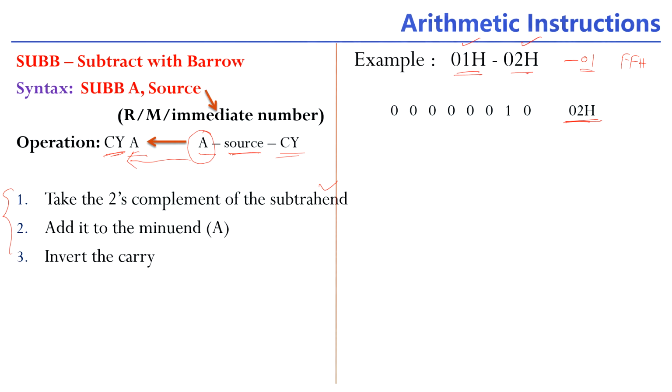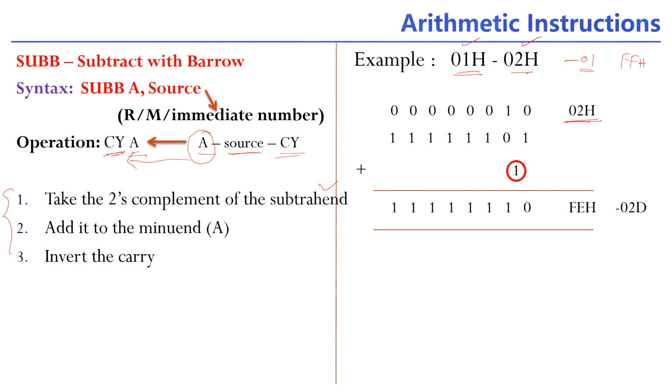To get the 2's complement, first it should be inverted. You can see every bit is inverted. Then we need to add logic 1. Once it is added, we get the 2's complement of 2. The 2's complement of 2 is minus 2, represented in hexadecimal as FE.